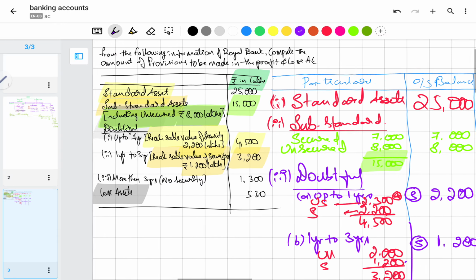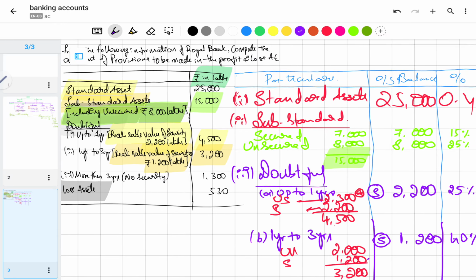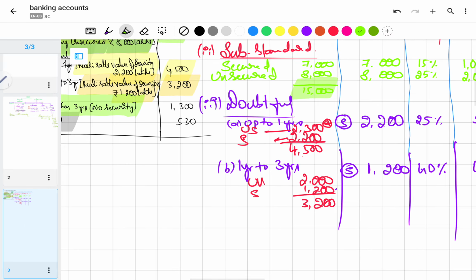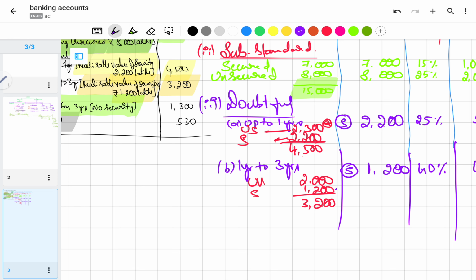Then we have more than 3 years with no realizable value. It doesn't matter whether it is secured or unsecured if it is more than 3 years. You'll get to know why. Here, more than 3 years, how much is that? 1,300.